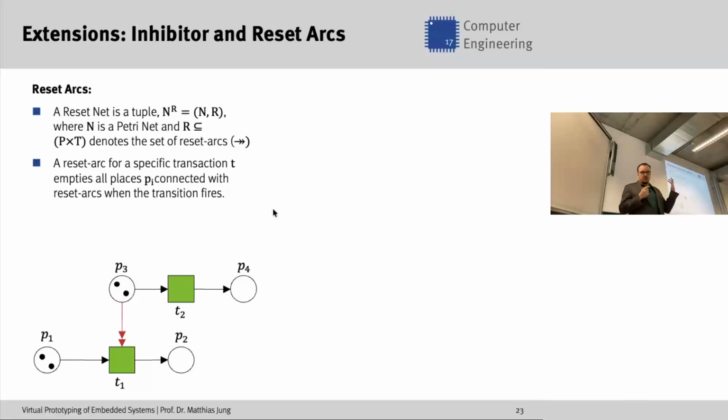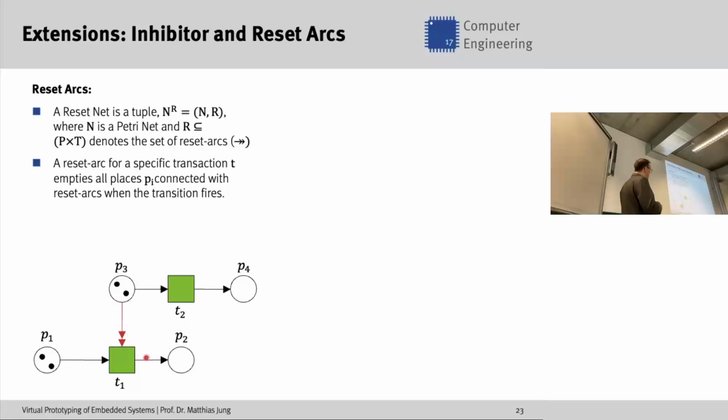So this was the basic idea, basic Petri nets, but they are not yet Turing complete, and you can reach that by 2 extensions, so-called reset arcs and the inhibitor arcs. So let's first talk about reset arcs. So what is the idea of that? Basically, you see it here.